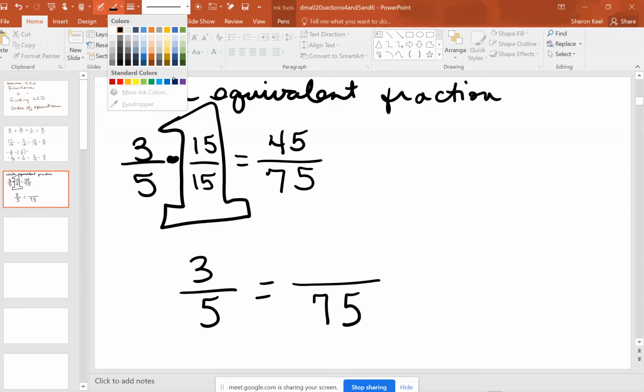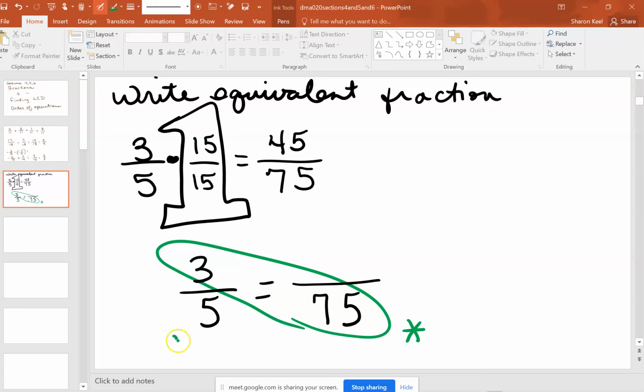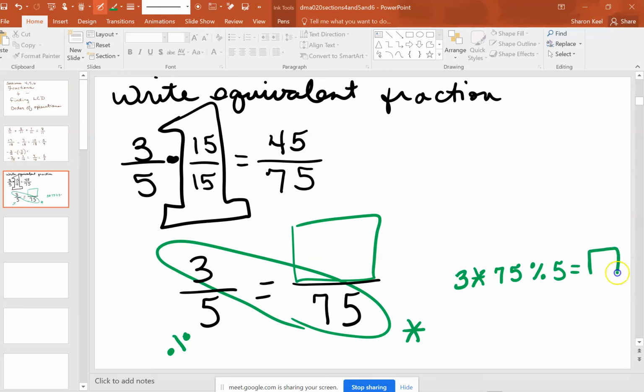If you were to take the two numbers that are diagonal from each other, we are going to cross multiply those two numbers, and then we're going to divide by the number that's paired with the value we're solving for. So we're going to do, let me write this down, 3 times 75 divided by 5. And that's going to give us the solution we're looking for.